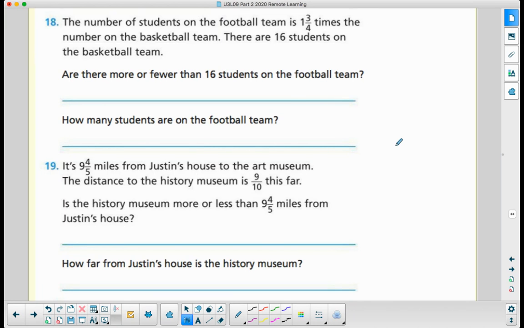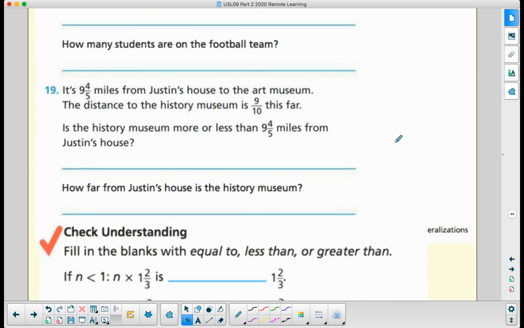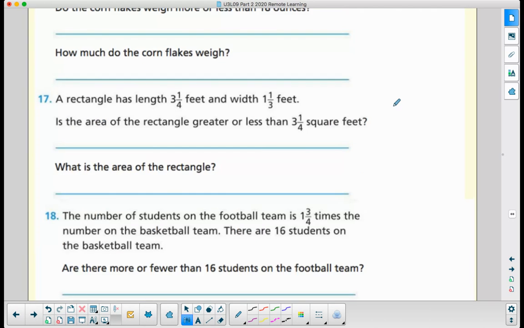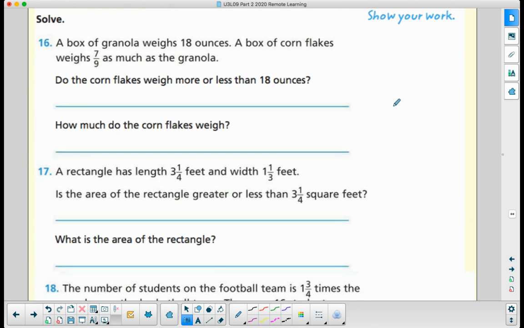So like I said, you can look at the video, pause it, and do the problems in your notebook, and then play it and watch me do them. Or you can watch me do a problem, then do the next problem, watch me do it, and so on and so forth. It's up to you.